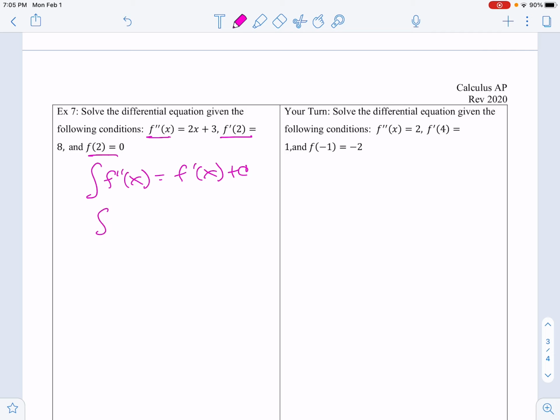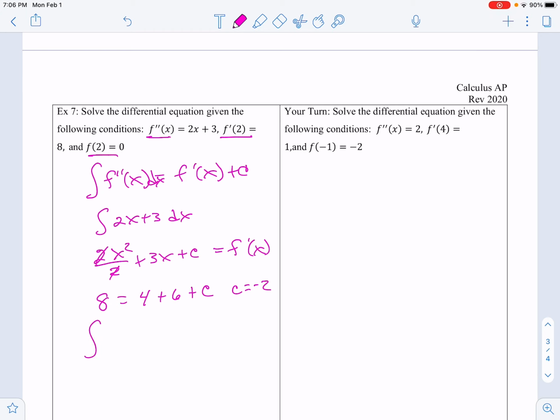So the integration of 2x plus 3, oh, I forgot my dx, is 2x squared over 2 plus 3x plus c. That equals f prime of x. And it tells me when I plug in 2, I get 8. So 8 is equal to, these guys cross out, 2 squared is 4 plus 6 plus c. So c is equal to negative 2.